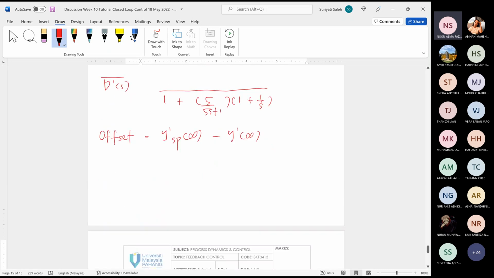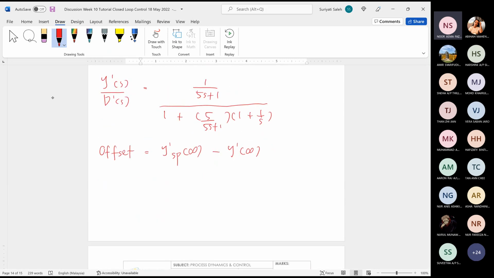For that final value theorem, we know the equation y prime s equals d prime s multiplied by 1 over 5s plus 1, divided by 1 plus 5 over 5s plus 1, times 1 plus 1 over s.